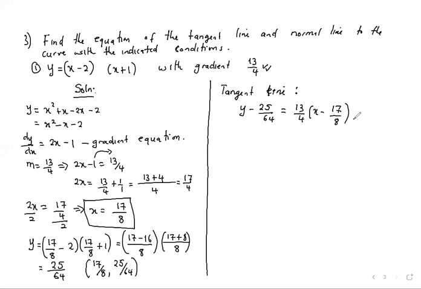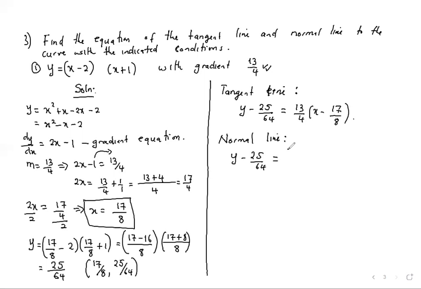The second thing, the normal line, this is going to be y minus 25 over 64, the same point, is equal to the gradient.